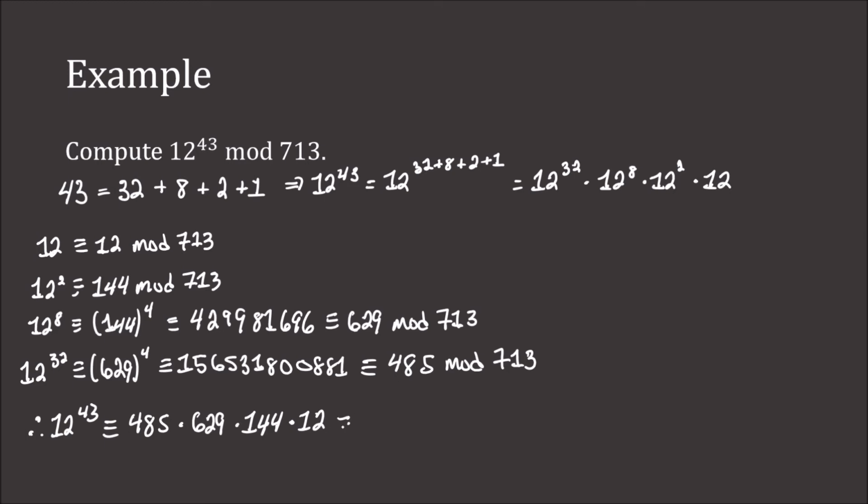So this gives this number. And when divided by 713, that leaves a remainder of 48. So 12 to the 43rd is congruent to 48 mod 713.